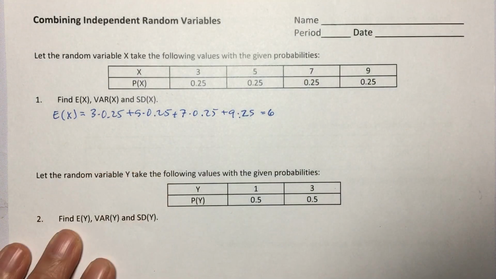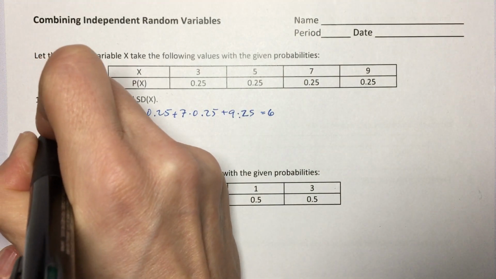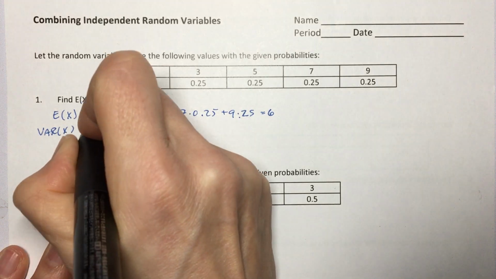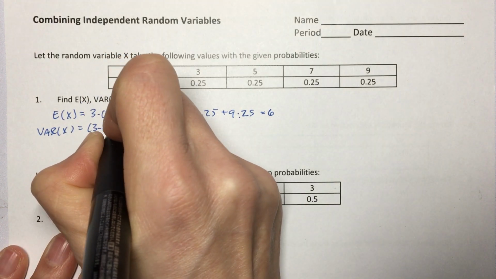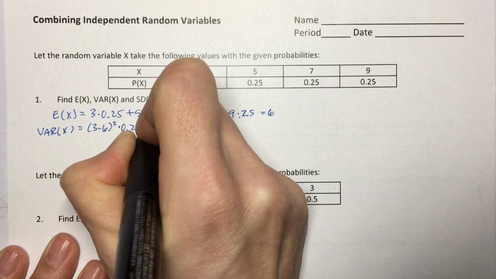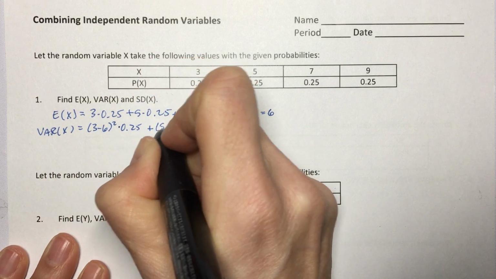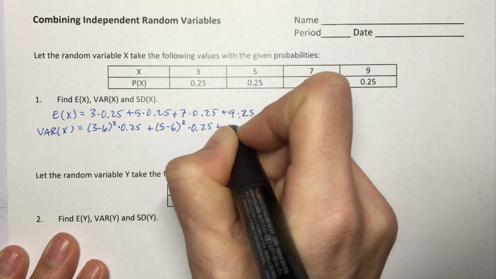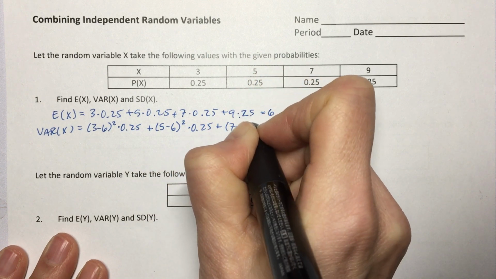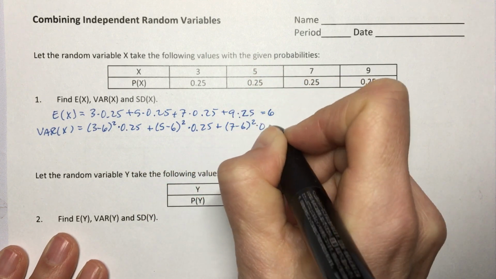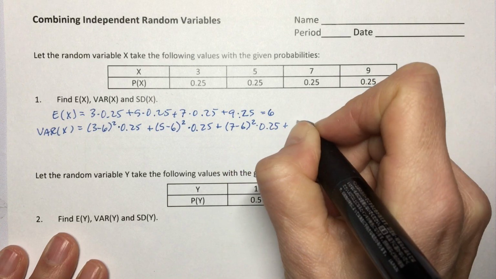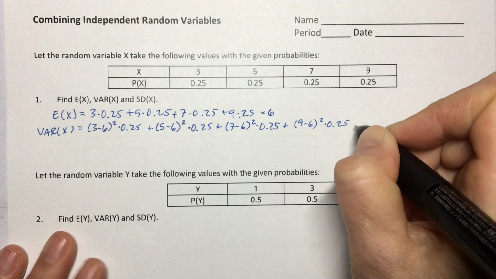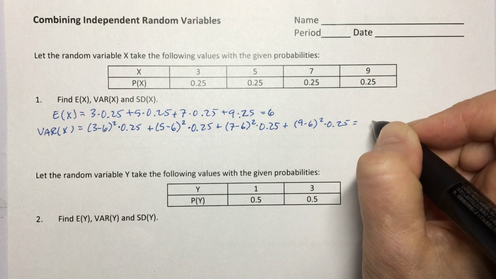Okay, so for our variance we take our first number, 3, so 3 minus 6, square it times a quarter, plus 5 minus 6 squared times a quarter, plus 7 minus 6 squared times a quarter, plus 9 minus 6 squared times a quarter, and that adds up to 5.